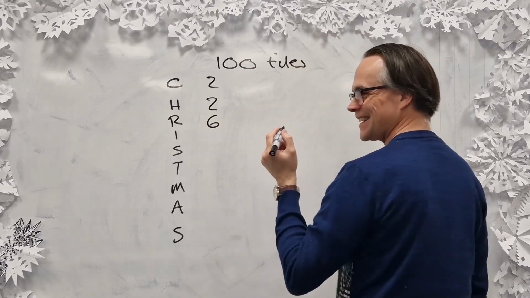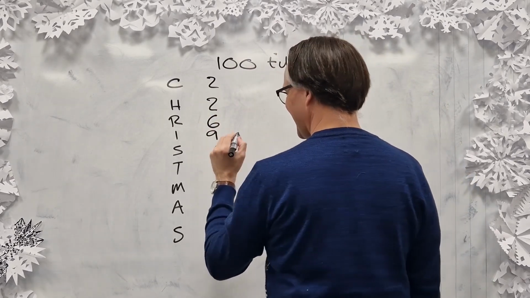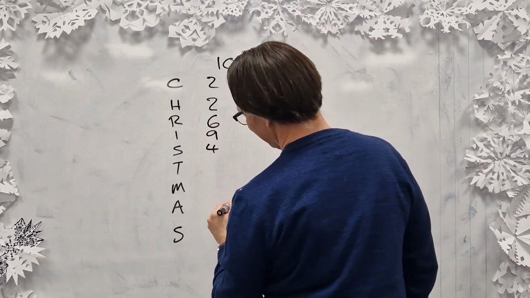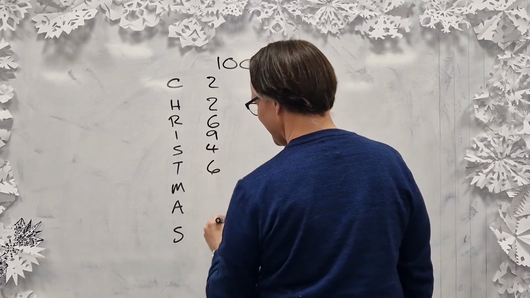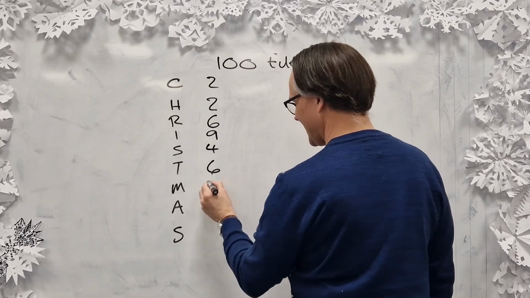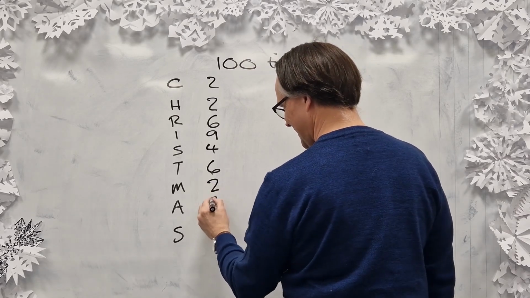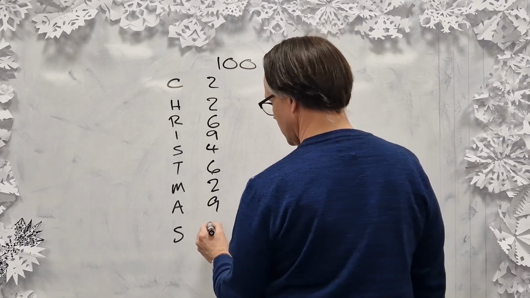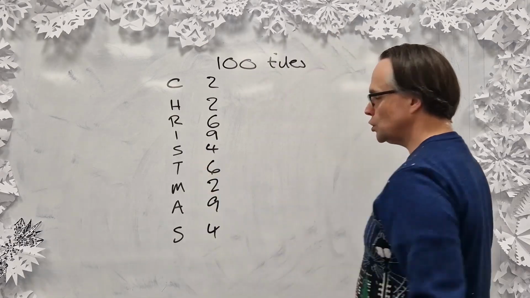How many I's? 9. S's? 4. T's? 6. M? 2. A's? 9. And S's? I just told you that, so there's still 4.